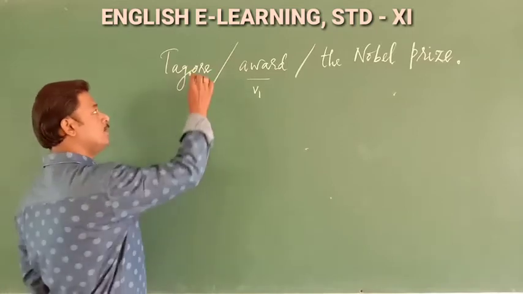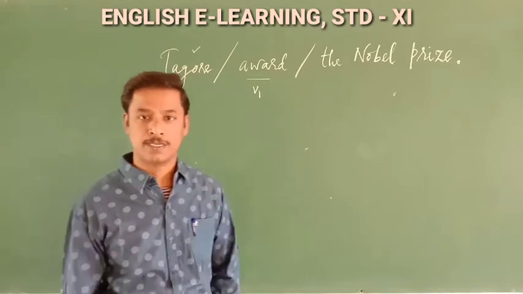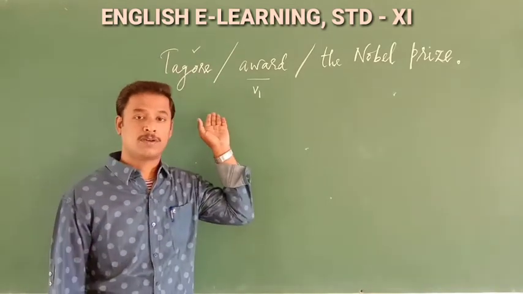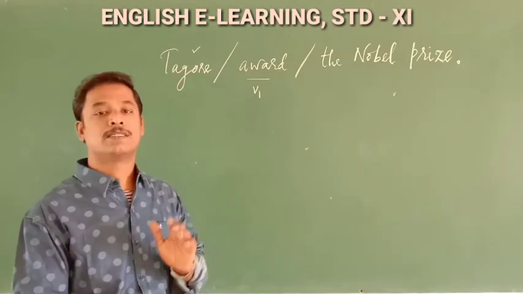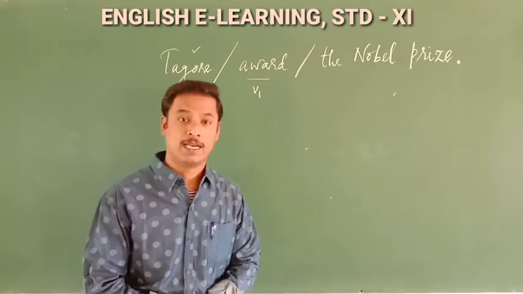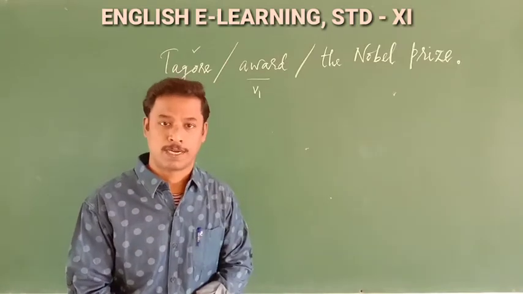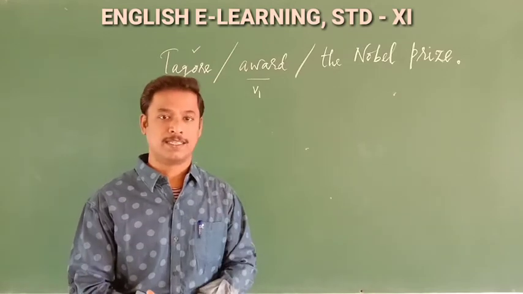Another thing, we must look at the subject here. The subject used here is Tagore. He is very famous for writing poems. Especially, he has written Gitanjali and got the award, the Nobel Prize. He is famous for writing our national anthem, isn't it?